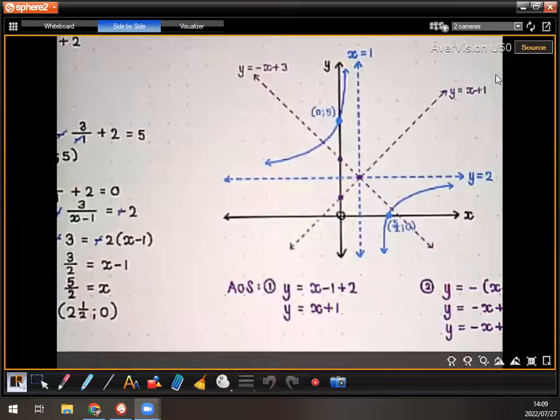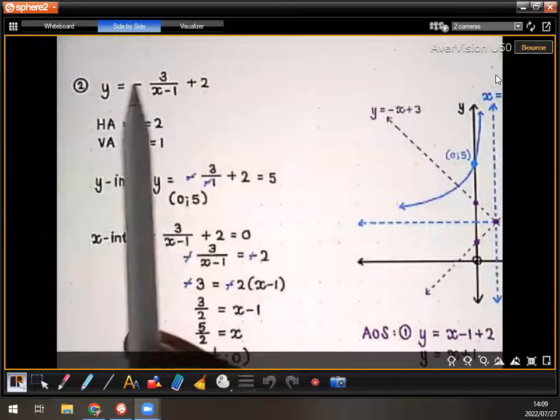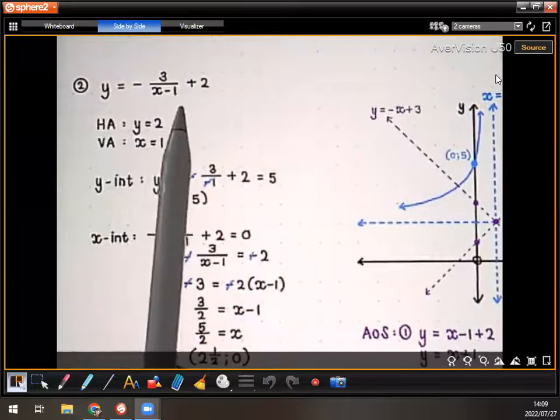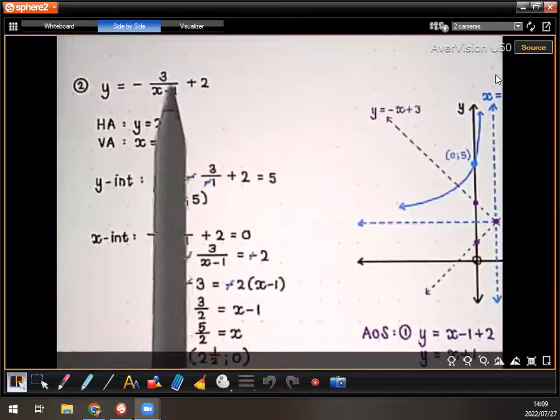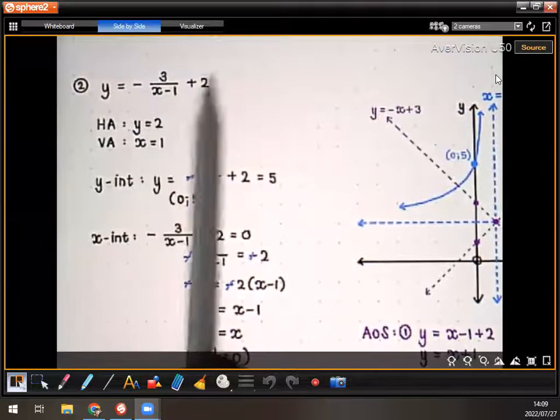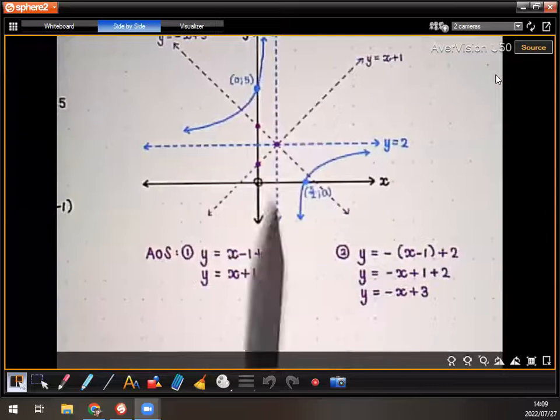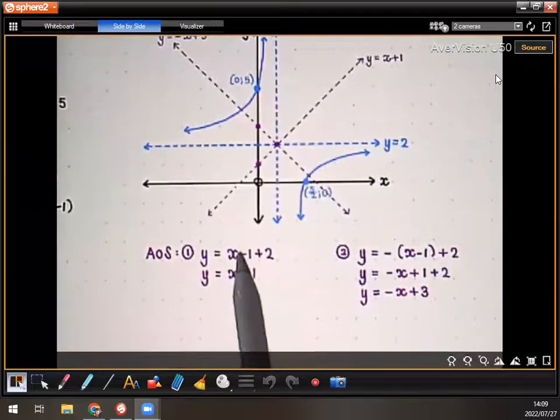Okay, your axis of symmetry. Like I said yesterday, the fact that there is now a minus in this equation doesn't change the formula for the axis of symmetry or axes of symmetry. You are still going to take your denominator exactly as it is and your plus 2. Okay, so you have your first axis of symmetry, which is just the denominator and then plus 2, and you simplify that.